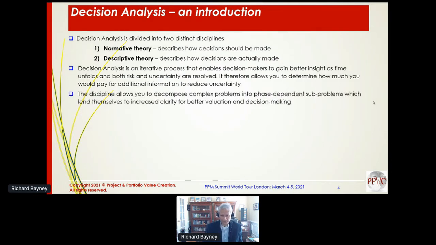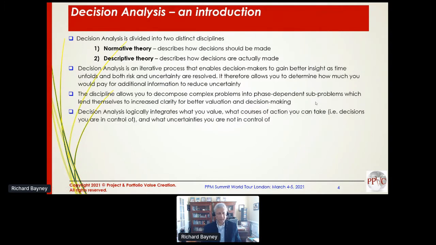The discipline allows you to decompose complex problems into phase-dependent subproblems, which lend themselves to increased clarity for better valuation and decision-making. Not surprisingly, therefore, decision analysis has a perfect home in high-risk and high-uncertainty industries like oil and gas and drug development, for example.